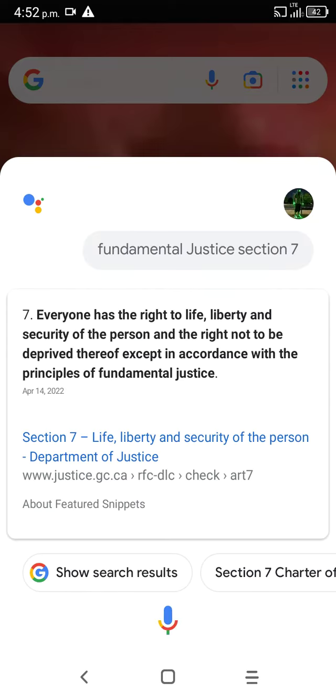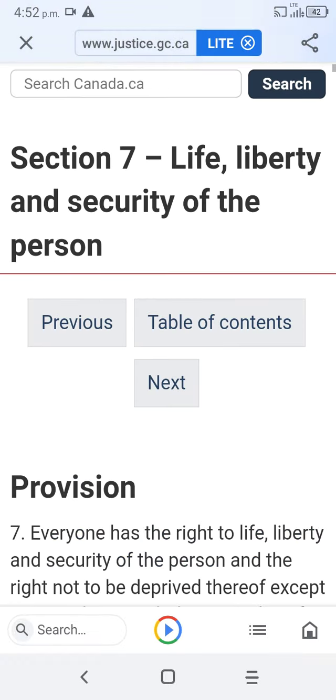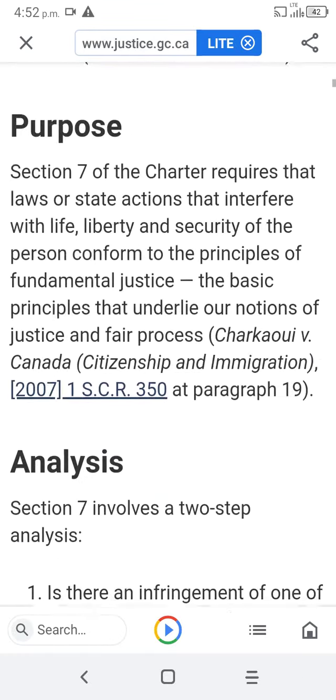So again, Section 7. According to the Department of Justice, everyone has the right to life, liberty and security of the person and the right not to be deprived thereof except in accordance with the principles of fundamental justice. The principles of fundamental justice, which is what we're reading right now. So life, liberty, security of the person. And again, it's ordered the same way.